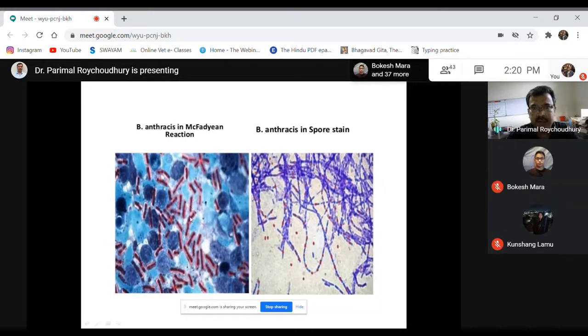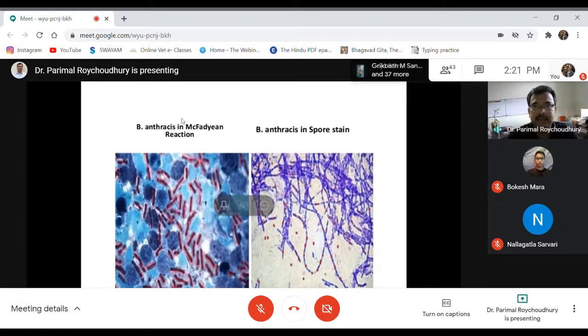This bacteria possesses very important capsules, and these capsules contain the virulence toxin, because of which they can cause massive degeneration of tissues, more particularly the blood cells, and can cause hemolysis, intravascular hemolysis.